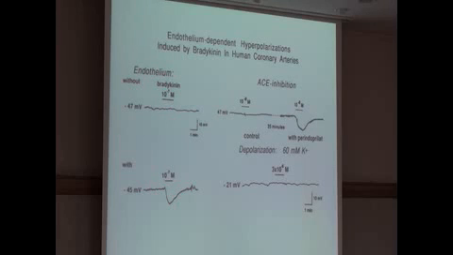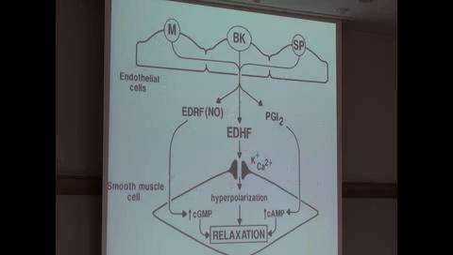This is only one experiment, but it demonstrated that besides causing the release of nitric oxide, bradykinin also in certain arteries, not in all, can cause the release of EDHF and cause hyperpolarization and relaxation. And I don't show you data, but it also can cause a release of prostacyclin.